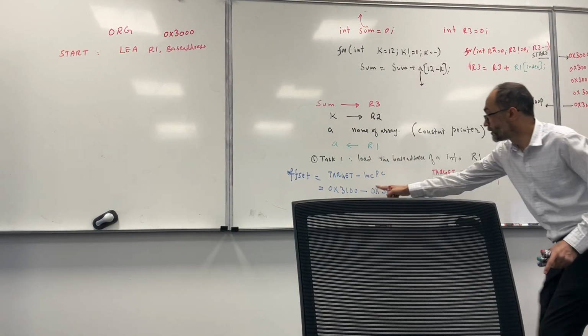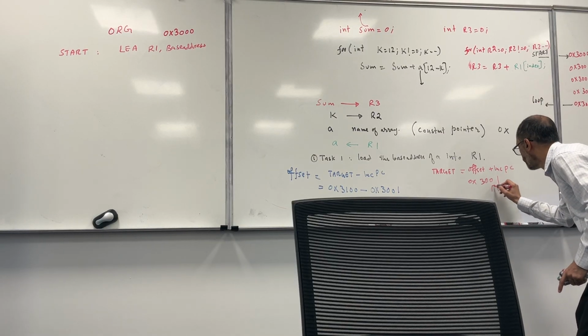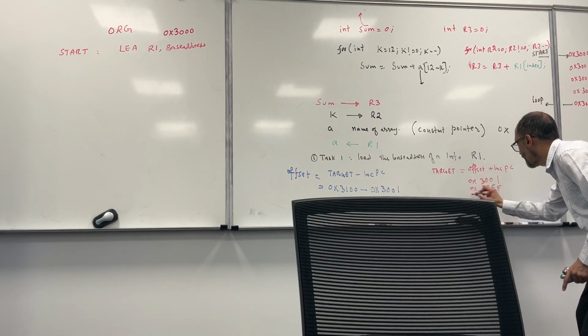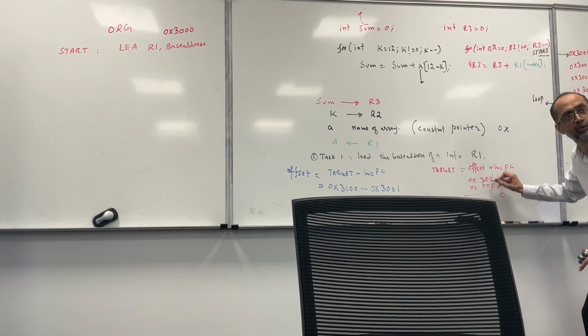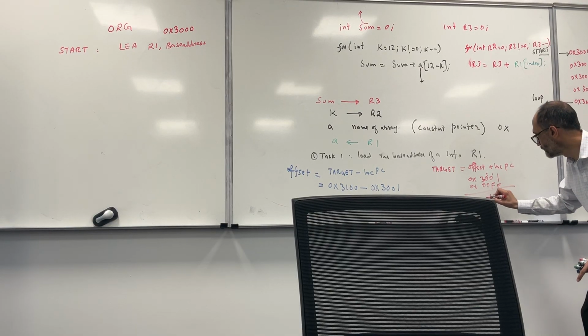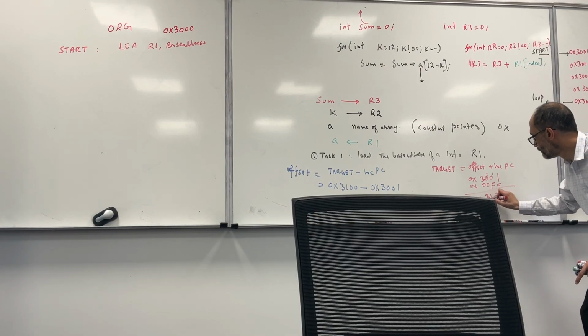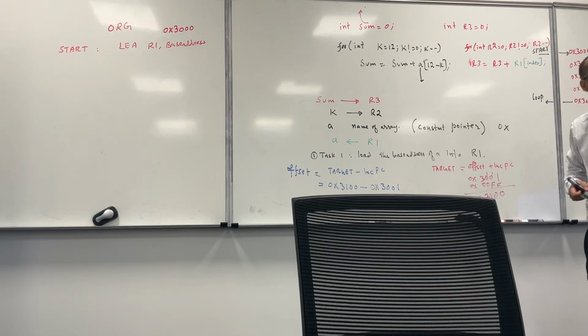FF. We take the 2's complement of this, and if we add both of them, F plus 1 is 0 with a carry of 1. The offset is positive or negative? Positive, because there are 9 bits for the offset. So the offset is positive.